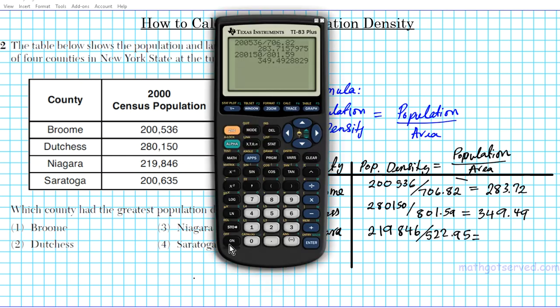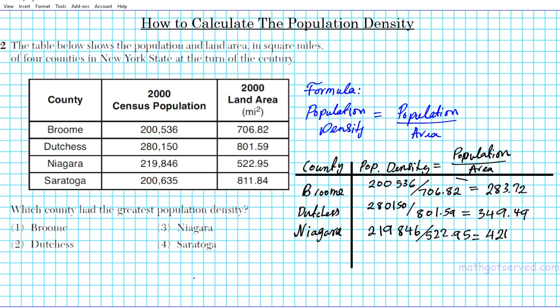So we have 219,846 for population divided by 522.95 for the area of that county, and that gives us 420.40. Alright, last one is Saratoga.